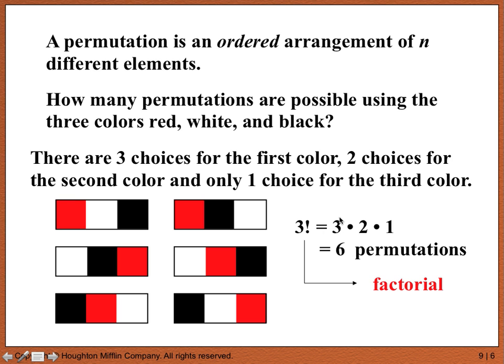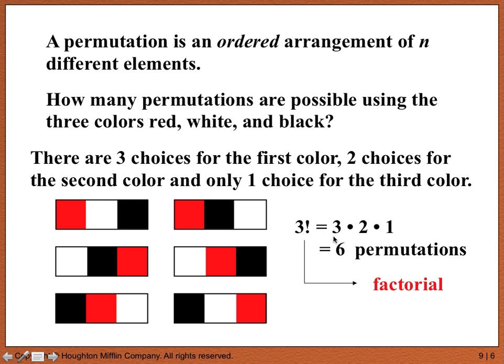And then after a color is assigned to a slot, there are only 2 left. And that's why this second slot is 2 for the second event, which is assigning a color to the second slot. Choice of only 2. And then after I assign something to that slot, there's only 1 more color to choose from. And that's why there's 1 in this third slot.